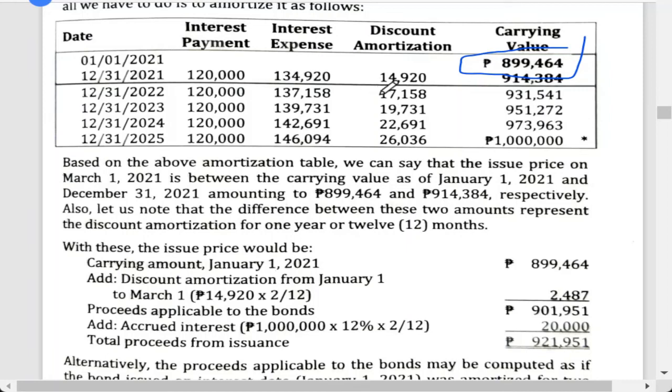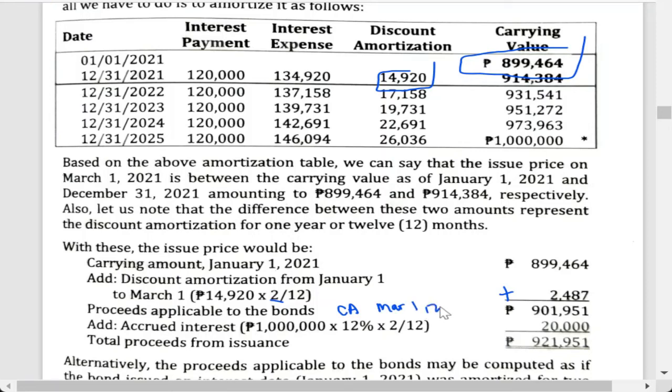So, this is the amortization. We take the fraction good for 2 months. So, 14,920 times 2 over 12. So, that's 2,487. So, we add it. This is the carrying amount of the bonds on March 1, 2021.